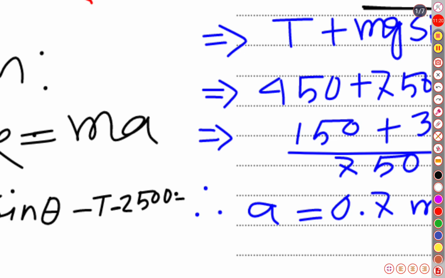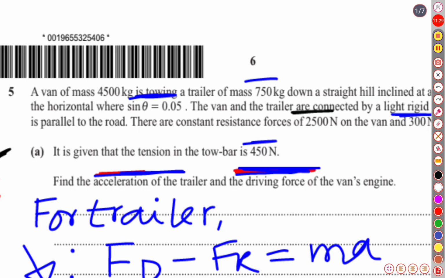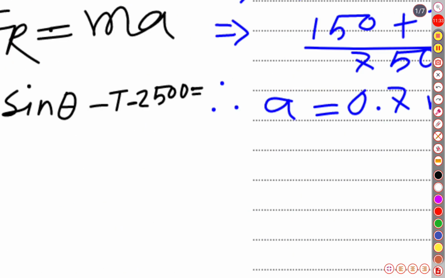What is the mass of this van engine? The engine of the van has a mass of 4500 kg. So 4500 into a.